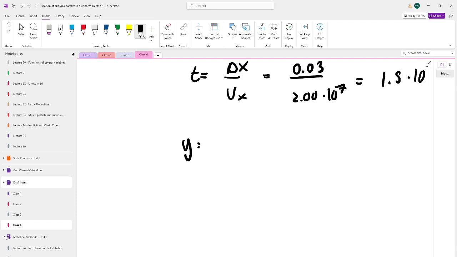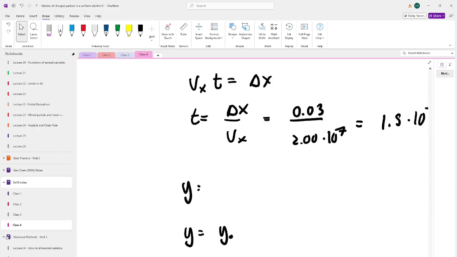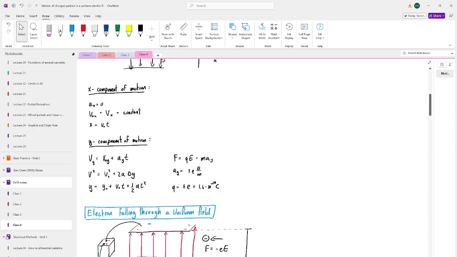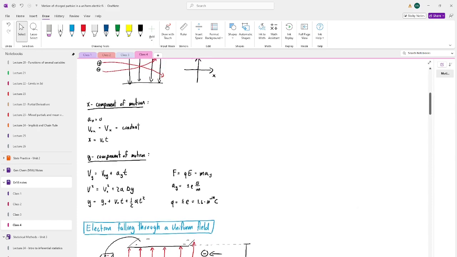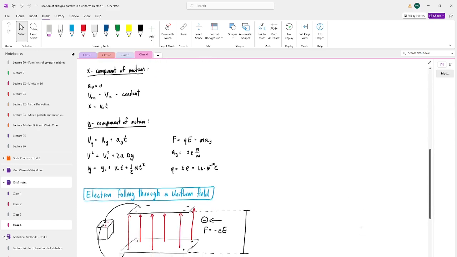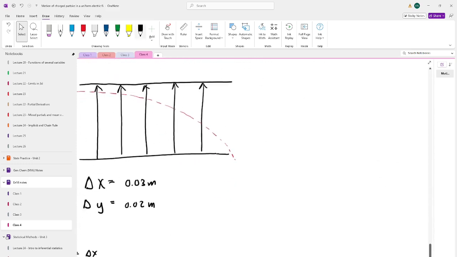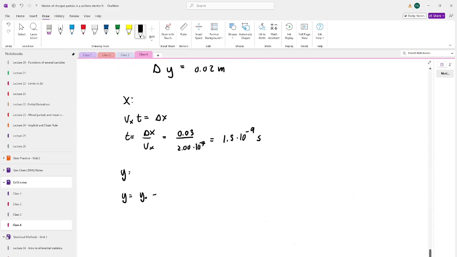So in the y direction, if we're talking about the motion, we know that y is equal to y naught plus v0t plus 1 over 2 a t squared.